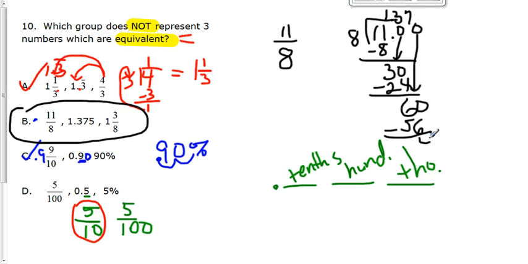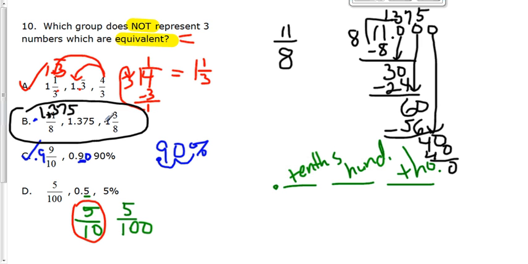So you have 4 left over. Add your 0, bring it down. So 8 goes into 40 exactly 5 times. And we finally have nothing left over. So 11/8 is the same thing as 1.375. It's a perfect match.